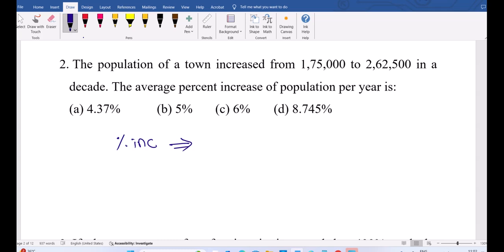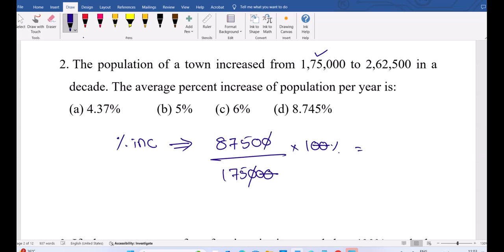How much? 87,500. Okay. From where is it increasing? From 1,75,000 it increased to 2,62,500. The denominator must be 1,75,000, into 100, which will give you 50%, if I am not wrong, right?